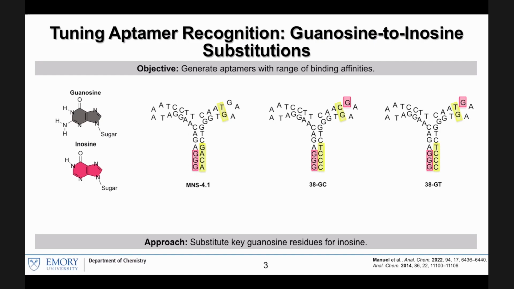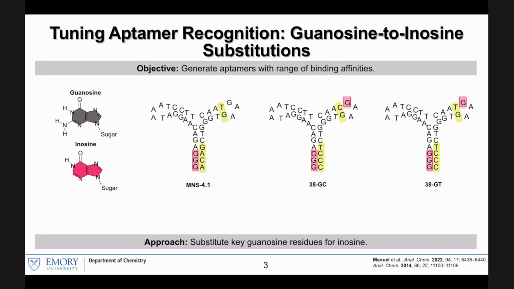And what we did with our G to I's is in all of our aptamers, we kept the parent aptamers, MNS 4.1, 38GC, and 38GT, and we added those in with our pool, but we generated more. In STEM 1 of all of them, we changed Gs 1 through 3 in STEM 1 to I. We chose these Gs because we read in literature that STEM 1 is crucial for cocaine binding.